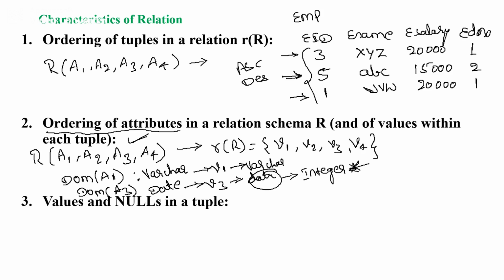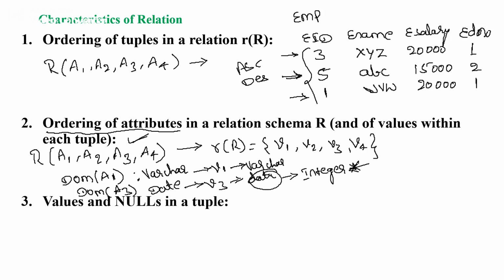Hence we can't insert a value for a composite attribute or a multivalued attribute in this table. The values of some attributes within a particular tuple may not be known, or may not be applicable to that tuple. Those cases we call a special value.